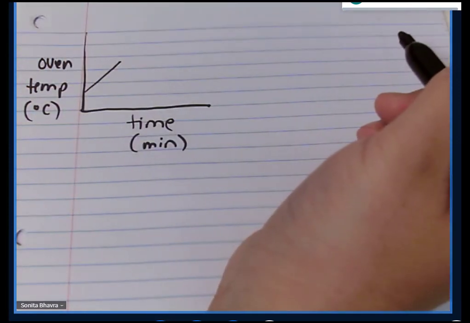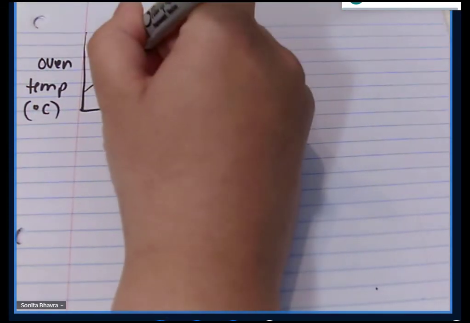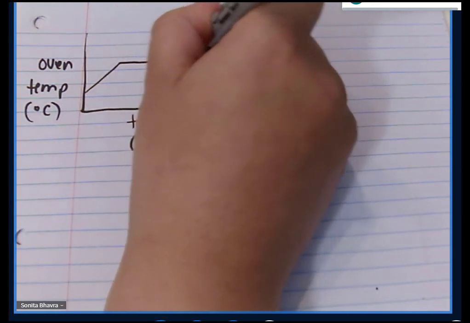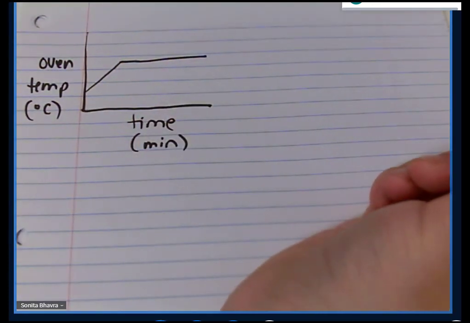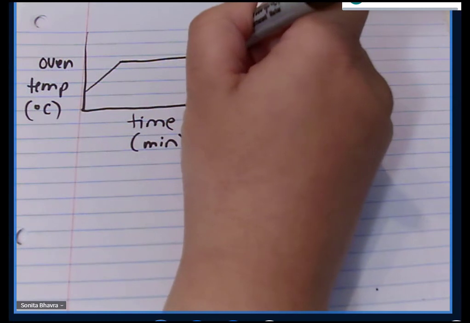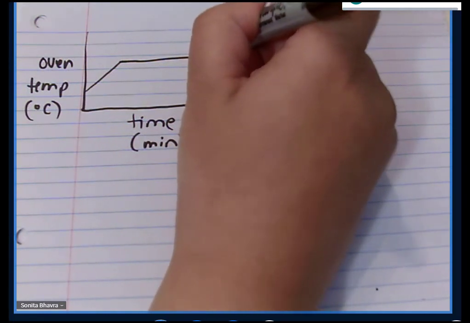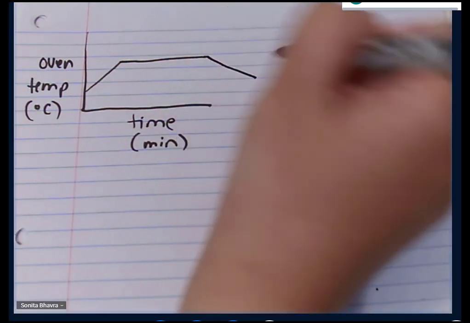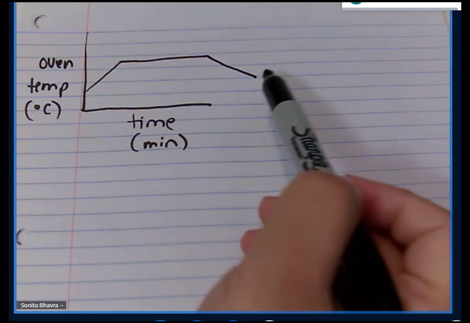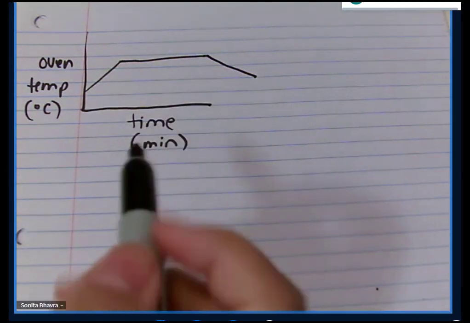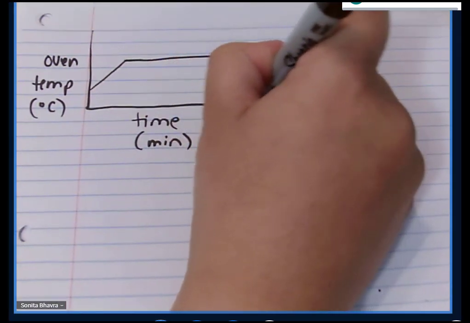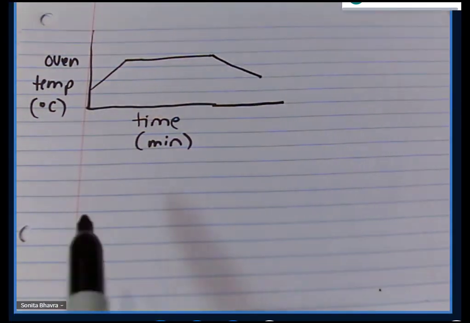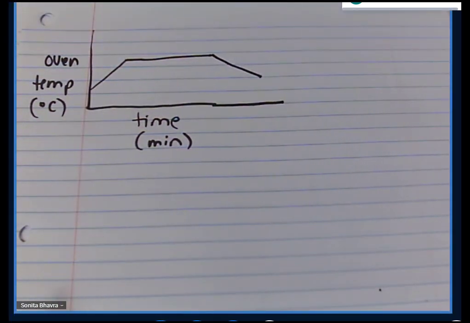So your graph would look something like this, increasing to whatever you're baking at, maybe 350 degrees Celsius, and it's going to bake for a certain amount of time at that constant temperature, and then eventually the oven will turn off again and go back to its original temperature, room temperature.